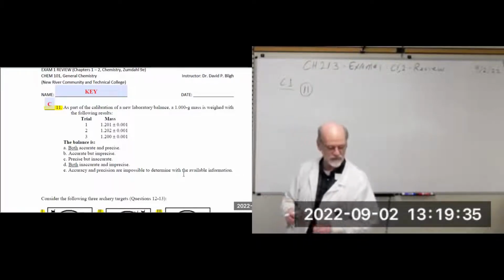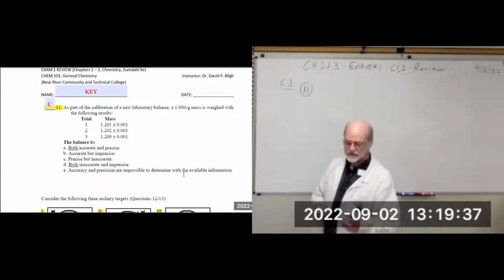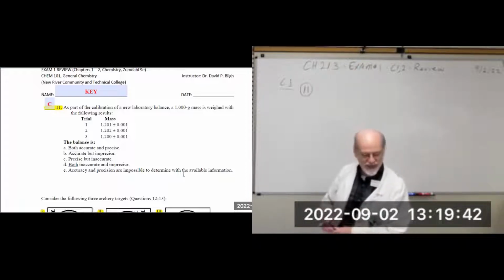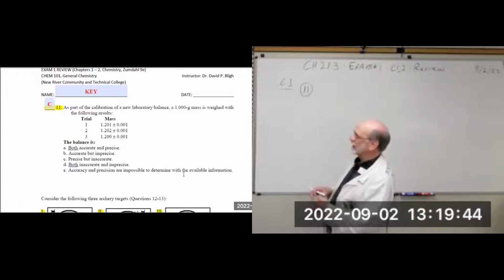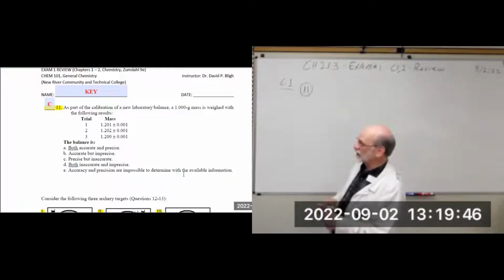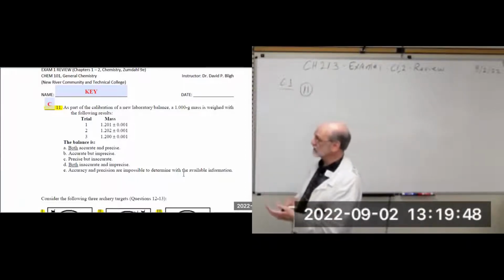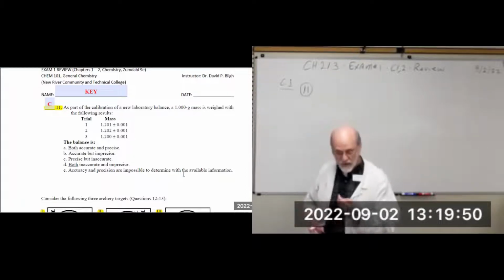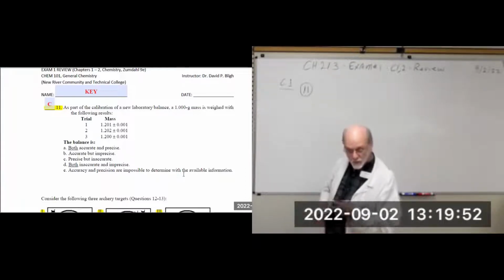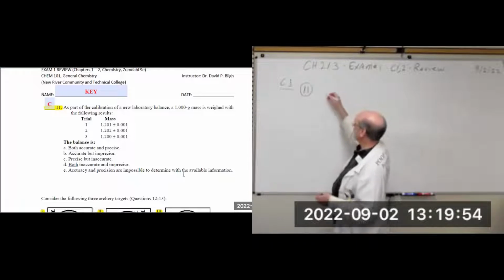But that's a holdover from olden days. I still say weigh something out on a balance, but I mean determine its mass. Anyway, so what are we looking at? We're looking at 3 measurements of a known value, right? We know the value of that mass is 1.000 grams.